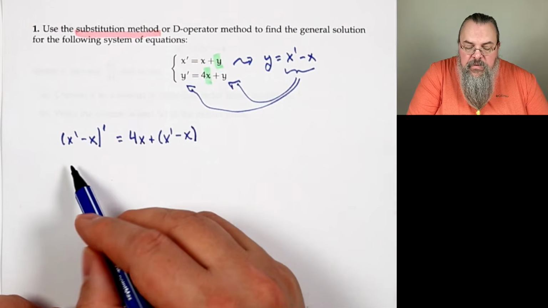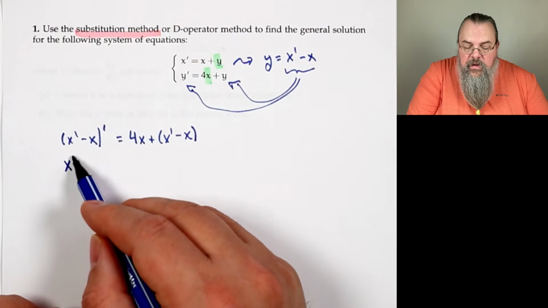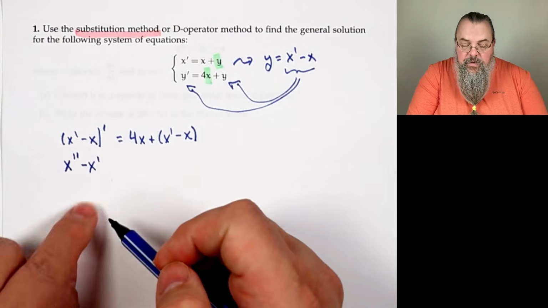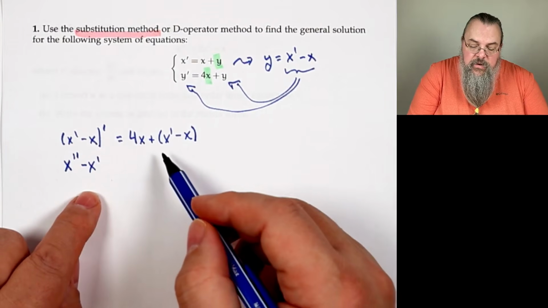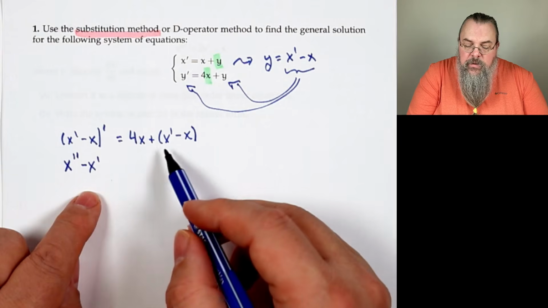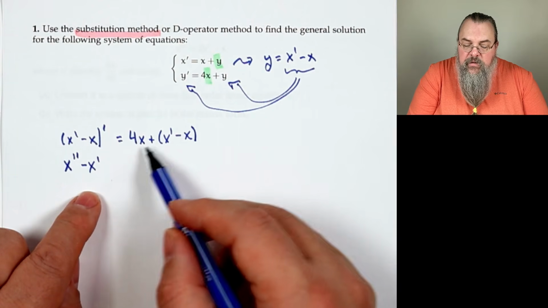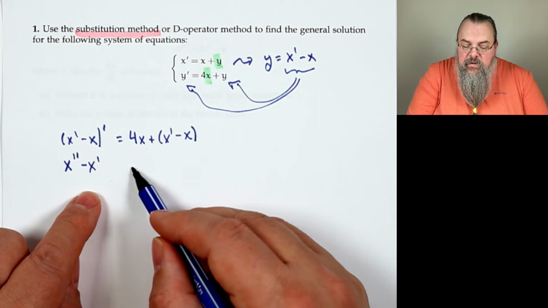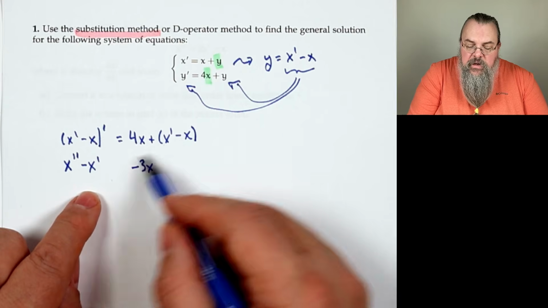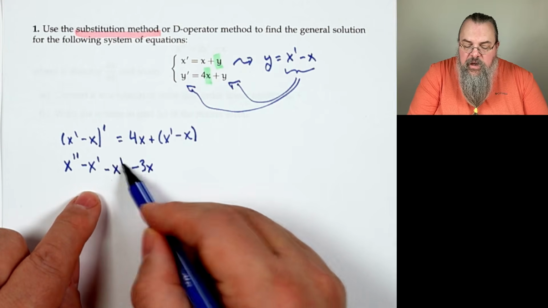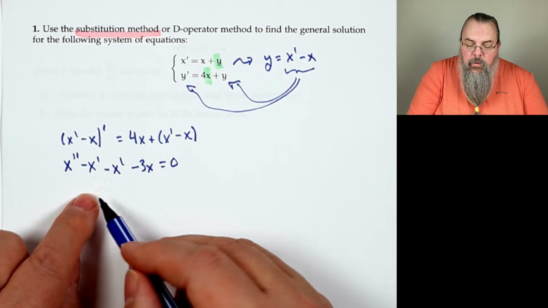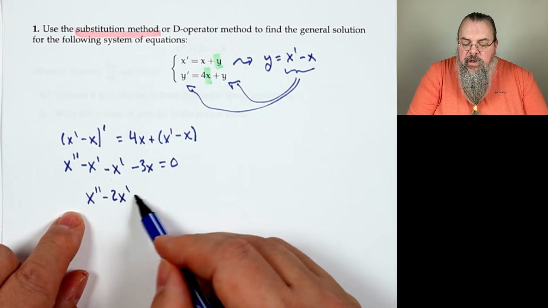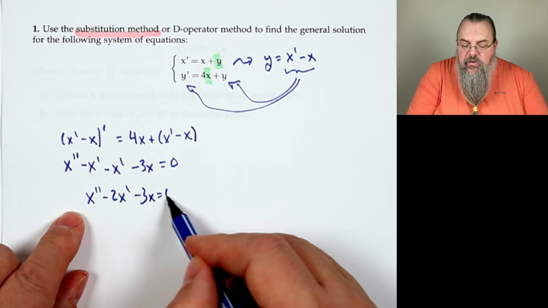Well, that becomes x double prime minus x prime, because it just means take the derivative of each piece. We'll bring these terms across. What do we have here? Well, we have a 4x and a minus x, so that's a 3x, bring it across. That's a minus 3x. And here, this comes across as a minus x prime. Or we have x double prime minus 2x prime minus 3x equals 0.